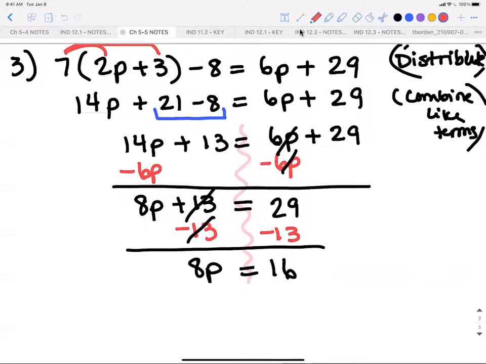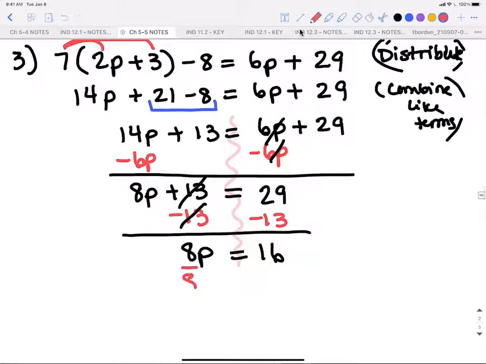And then the last step is always to divide off that coefficient if needed, or the number in front of the variable, which I'm going to do. And 8 and 8 cancel out, leaving me p equals 2. Okay, and that was this whole thing from here on down. Right, from here on down was the moving across the wall steps. And there were several steps to it.